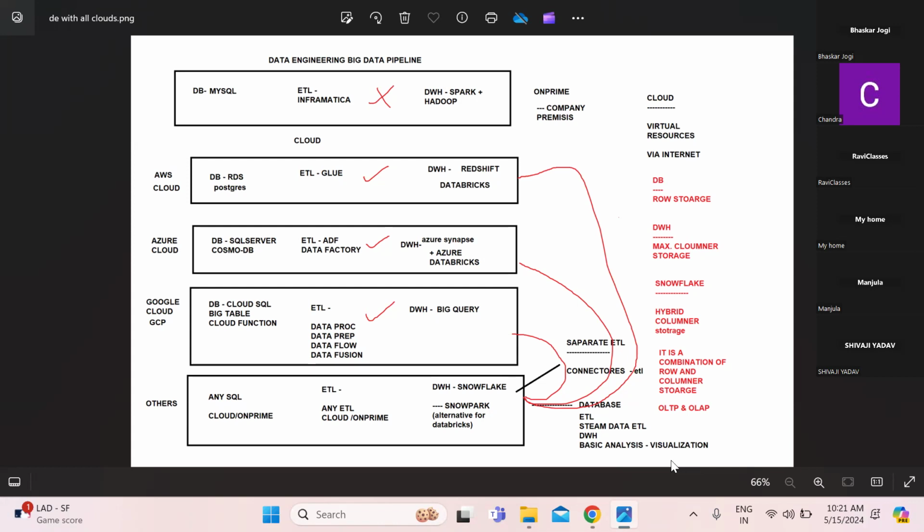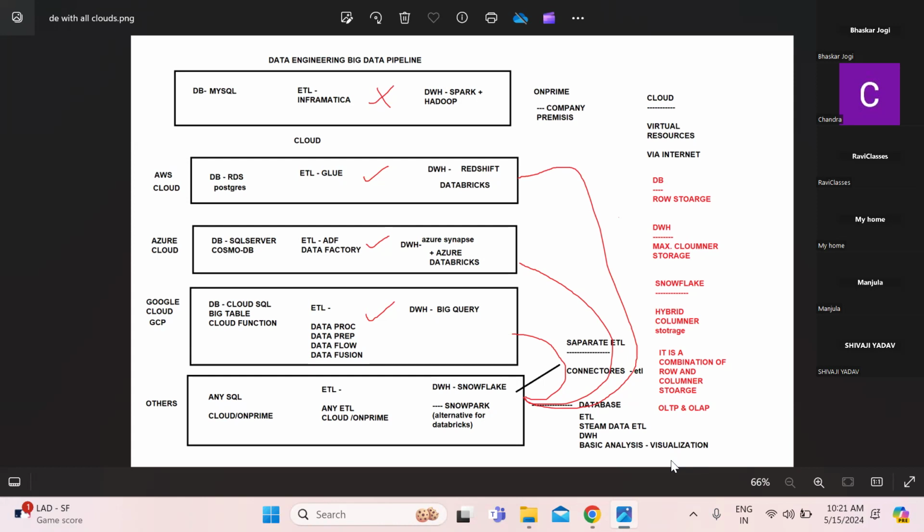Because the housewife's duty is collecting the ingredients, cleaning them, and preparing separate ingredients for separate combinations. After that she cooks the best recipe and keeps it in a bowl. The entire food cooked by the housewife is kept in bowls, which we call data marts or data warehouses.